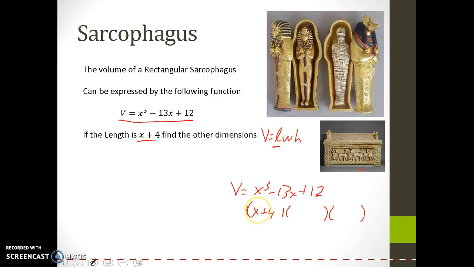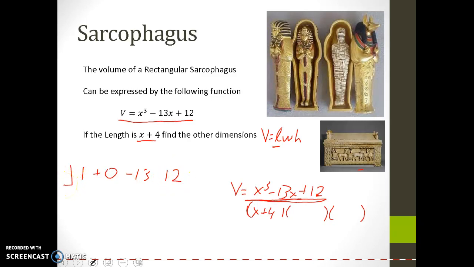So what I want to do is find the other dimensions here. To find the other factor of this polynomial, I'm going to have to divide. I'm going to take 1x to the third plus 0x squared, a negative 13x, and a positive 12. And I'm going to use synthetic division here.